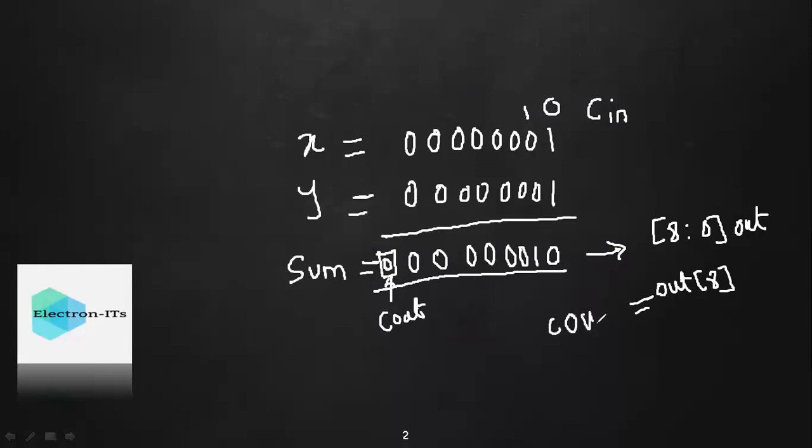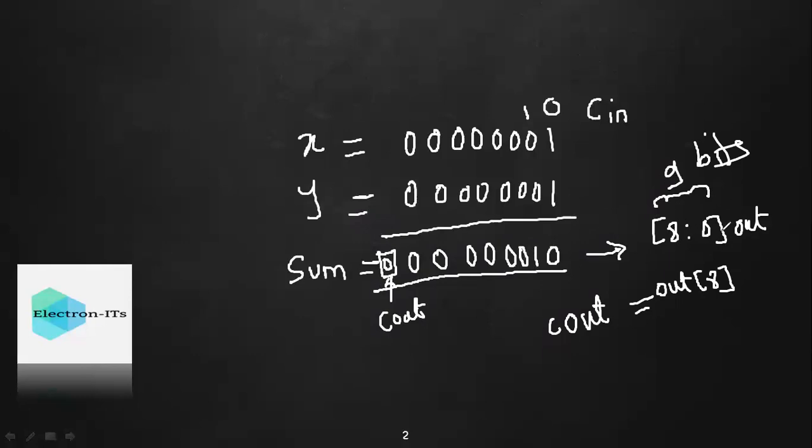So C out is nothing but bit 8 of your out signal, right? So in total we now have 9 bits: 1, 2, 3, 4, 5, 6, 7, 8, 9. That's why we have written it as 8 to 0, which means total bits are 9.